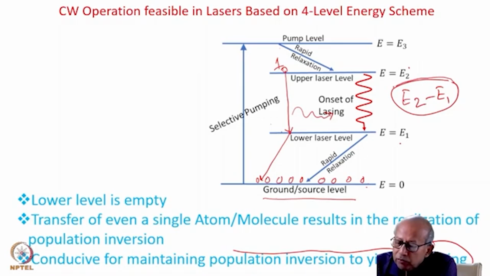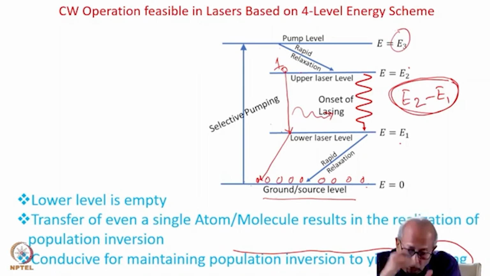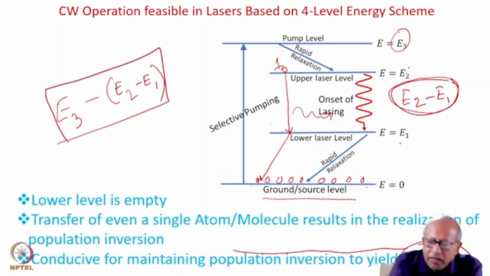To extract a photon of this much energy, you will have to expend an energy which is E3, because to take this atom from here to here, you have to spend E3 amount of energy. Now, from the energy that you have spent, which is E3, the energy that you have extracted as a photon is E2 minus E1. That means the remaining energy stays back in the system.